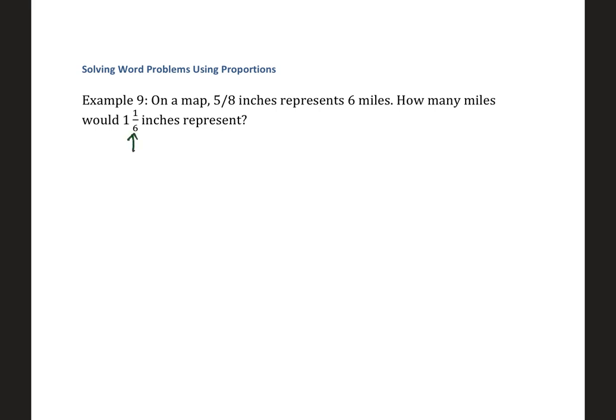So 1 and 1/6 is actually going to be 6 times 1, 6 plus 1 is 7, so we have 7/6 inches. Next, what I want to do is identify what's the question asking, right? How many miles? That's my unknown. Whenever you see how many or how much, that's your unknown variable. So how many miles? I'll use x will be the number of miles.